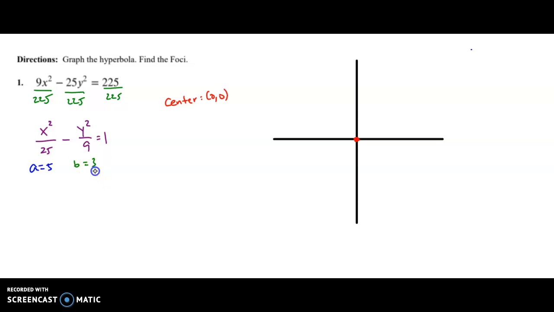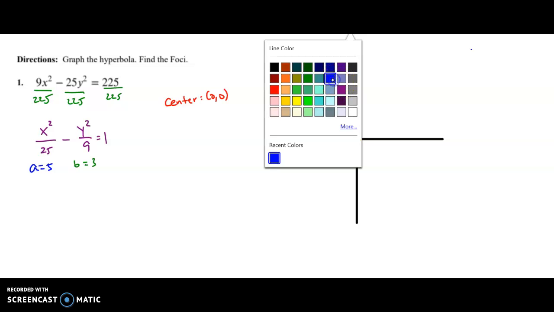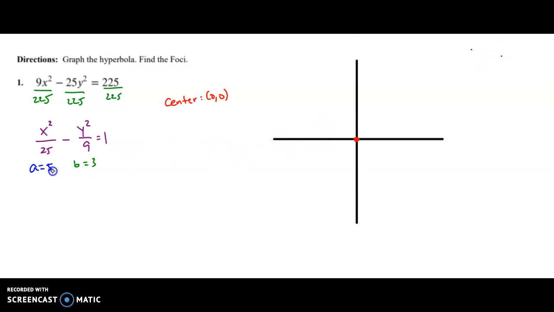Since the first numerator is x, the parabolas are going to open left and right. That means the vertices are going to be 5 left and 5 right from the center. So this is -5 and this here is +5. These are your vertices.